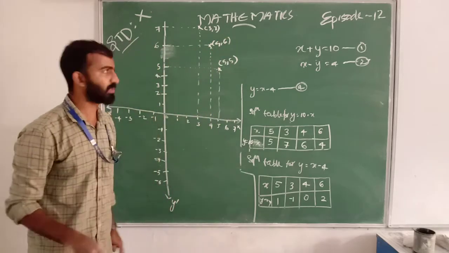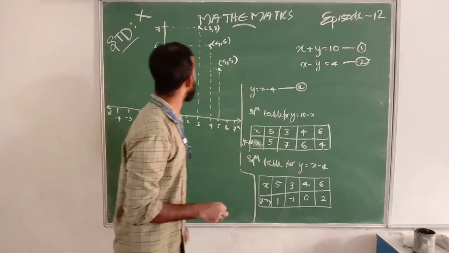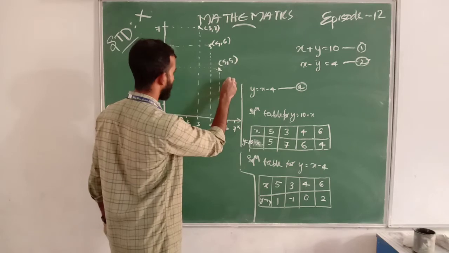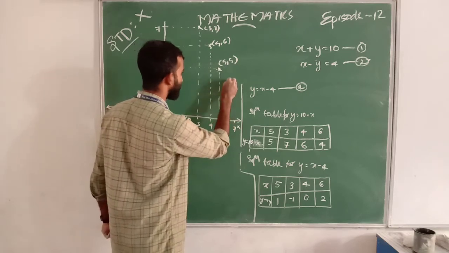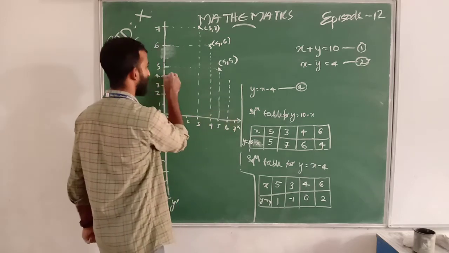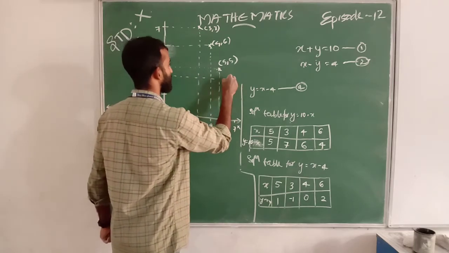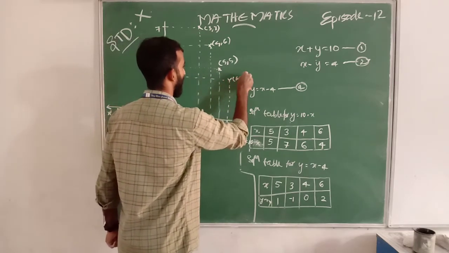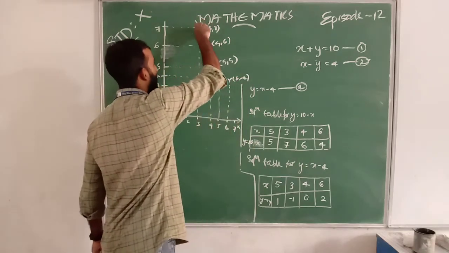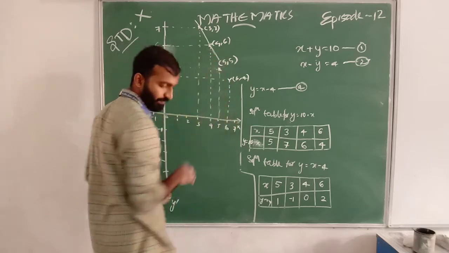This point is 4, 6. And at last 6, 4. You can write the line through these points.